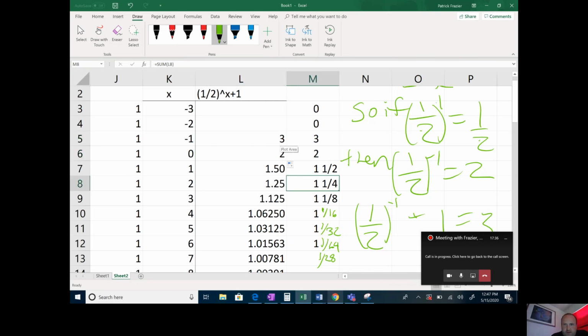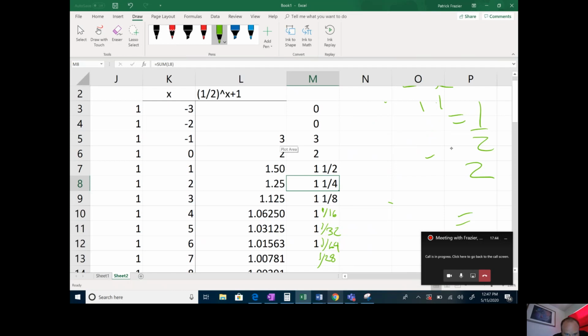So we have 3, and then can you guys guess what the next one would be for negative 2? So 1/2 squared was 1.25, because 1/2 squared is 1/4, and we're just adding 1.